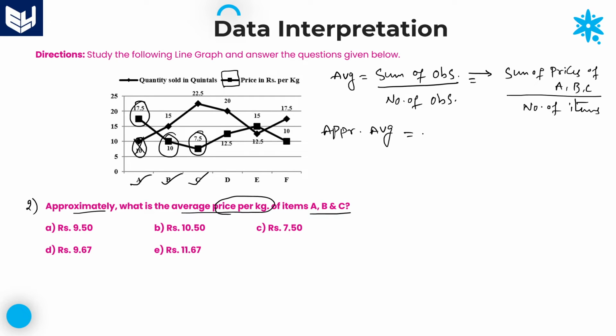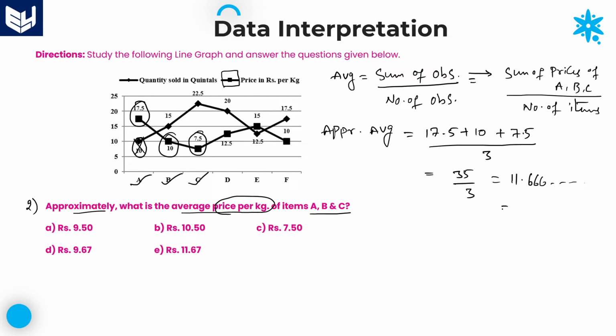Approximate average is equal to, the first price is 17.5, second price is 10 rupees, third price is 7.5, divided by number of items 3, which is equal to 35 by 3. That is equal to 11.666 and so on.